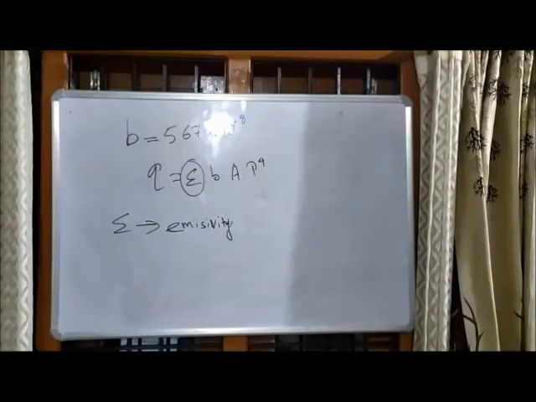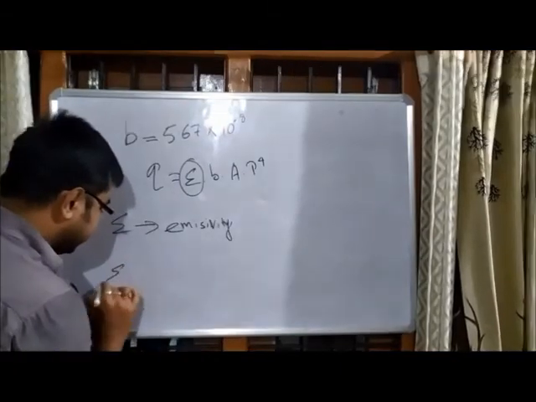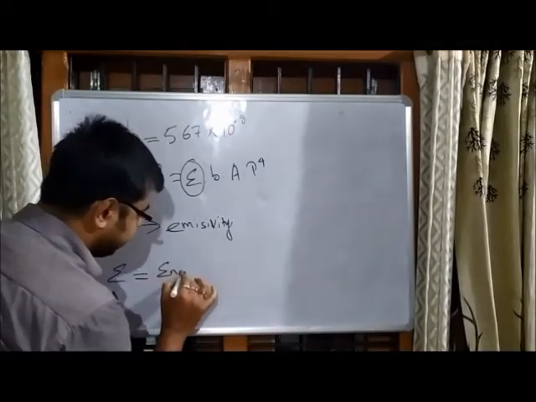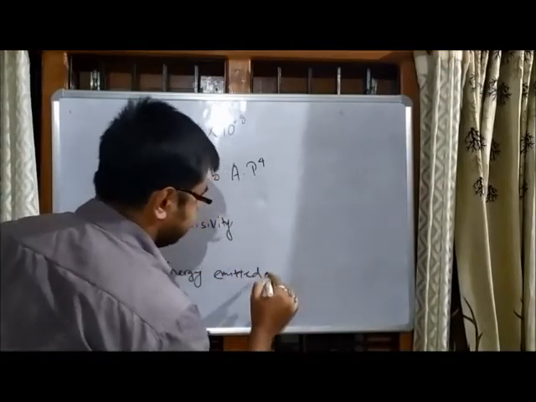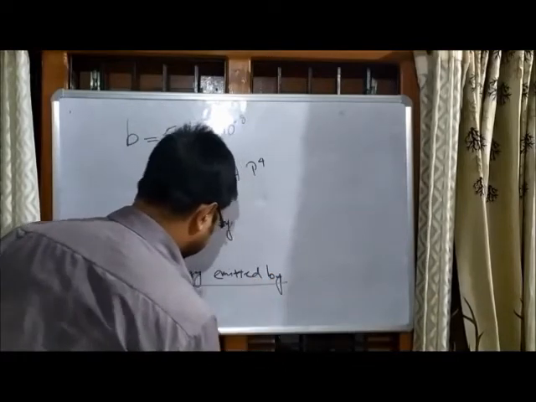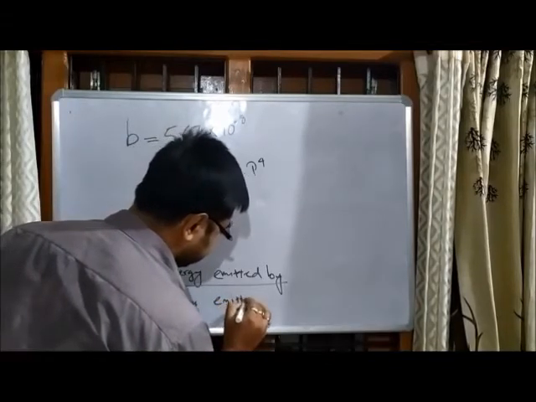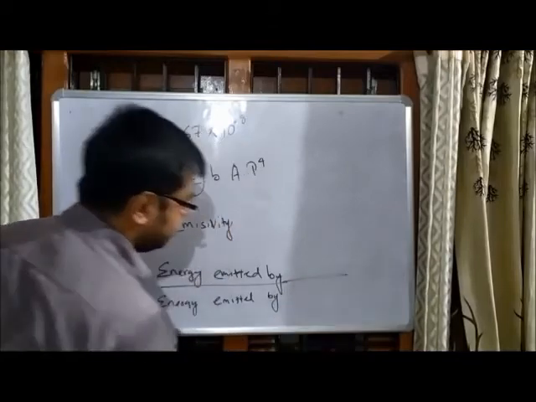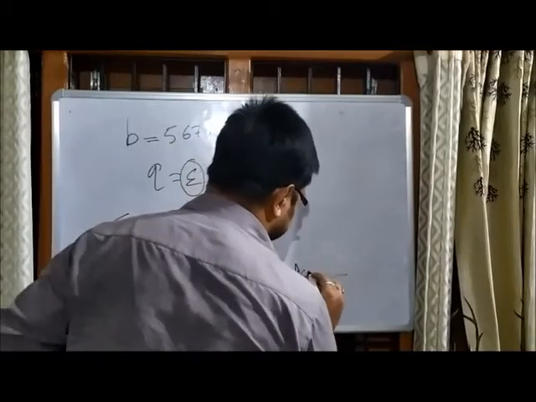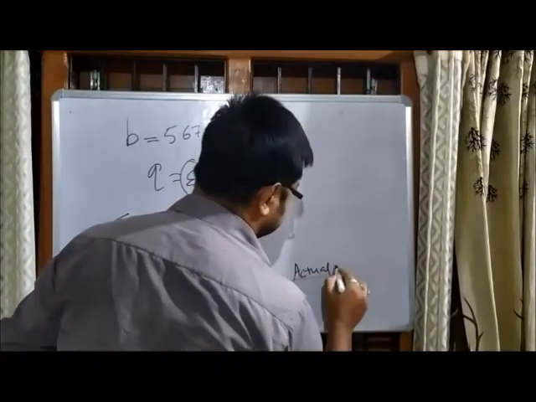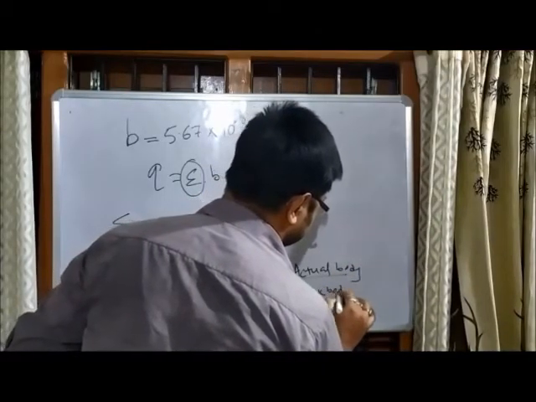Emissivity is the ratio of the energy emitted by the actual body, the body which you are considering as a black body, to the energy emitted by the black body.